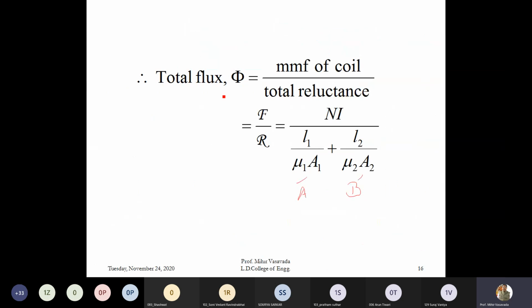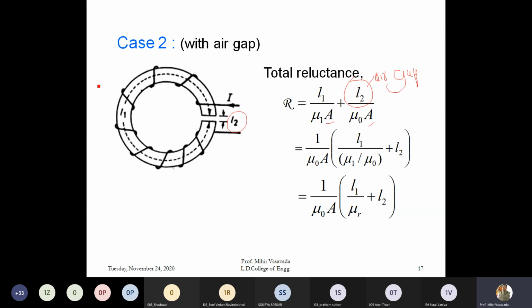Now your query was about the case in which the circuit is of the same material throughout. This is one type of material with a length and an area A1. So its permeability mu1 is mu0 into mu r of this material 1.